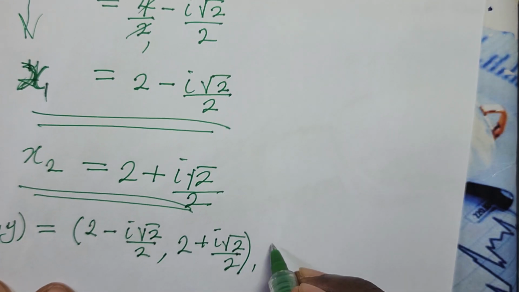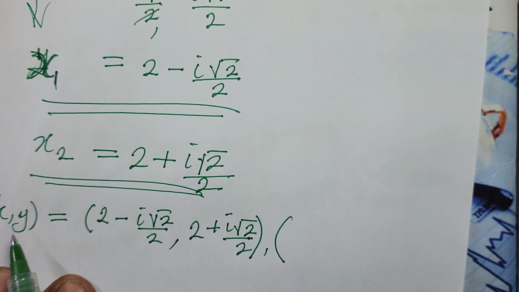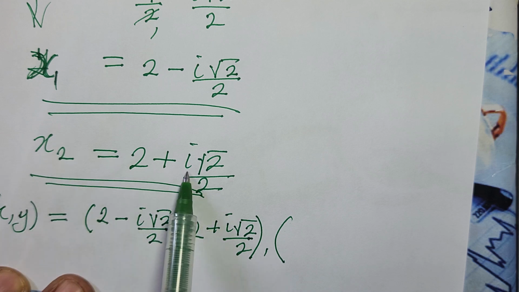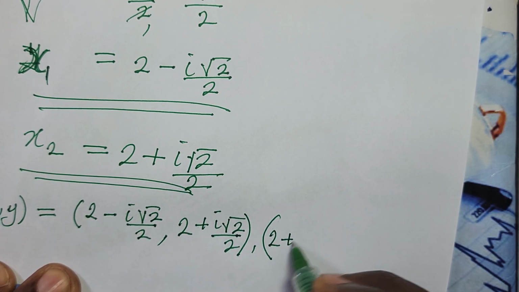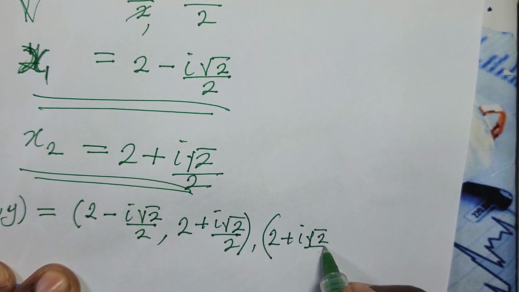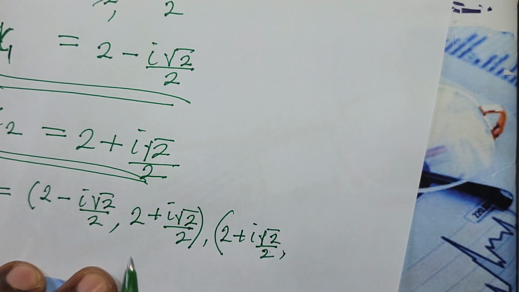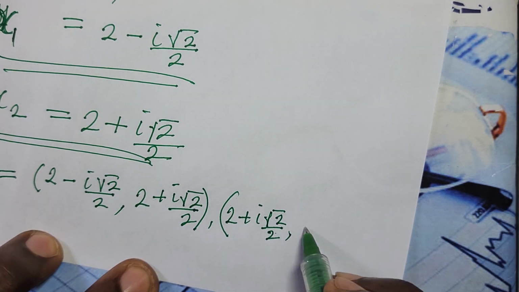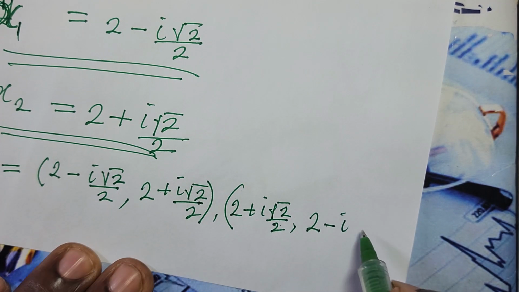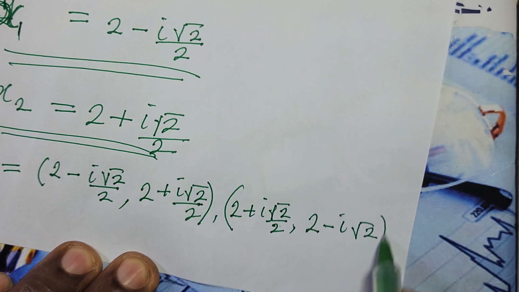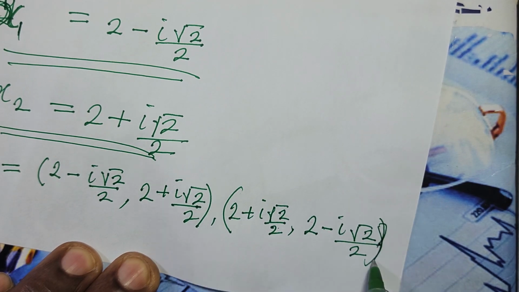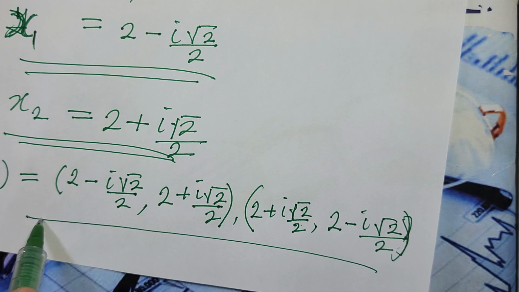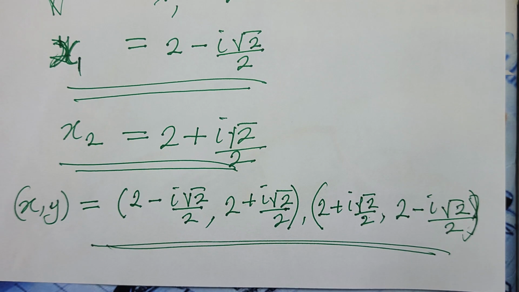Then the other part of it, when our x2, which is this, we have it to be 2 plus i root 2 all over 2. Then what is our y2? Look at our y2 here. This is our y2. So we have our y2 to be the negative of it, which is 2 minus i root 2, bracket, all over 2. All right, so these are the roots to our original Math Olympiad problem.